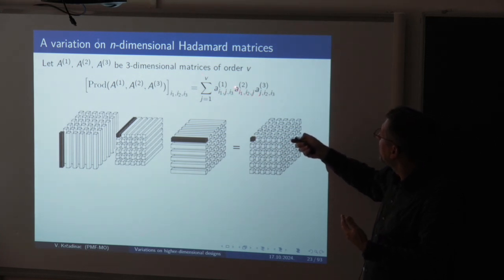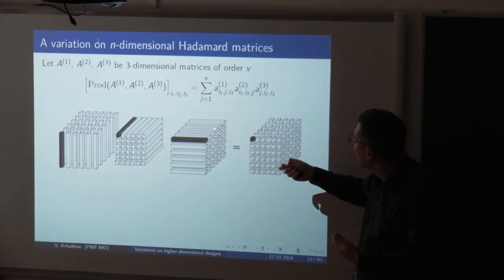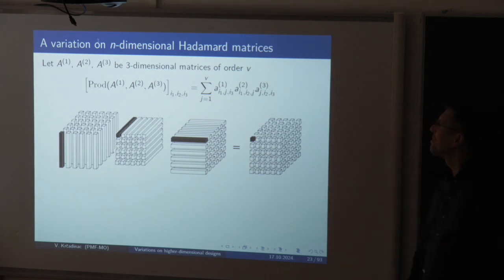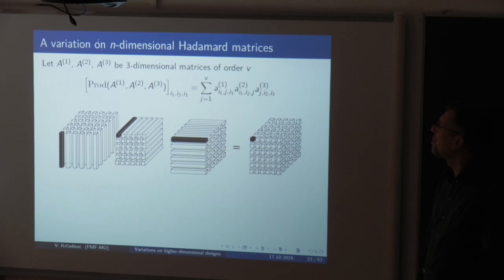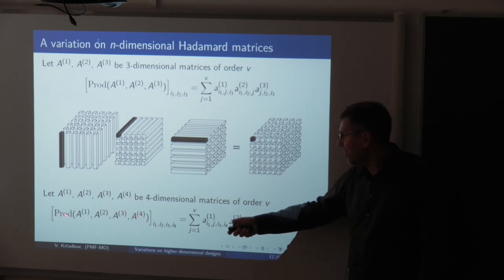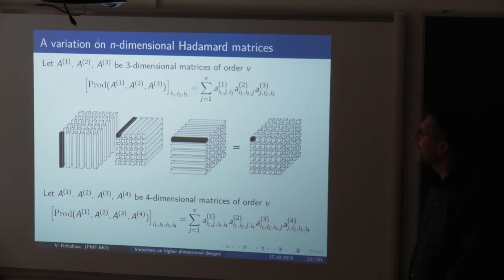And then you take this product of the rows, columns, and the third columns, and sum it up. So this is practically what you would do if I told you to generalize the product to higher dimensions. You can do it, of course, for 4-dimensional matrices, but now it's a quaternary operation, so you need 4 matrices to multiply them together in this way.